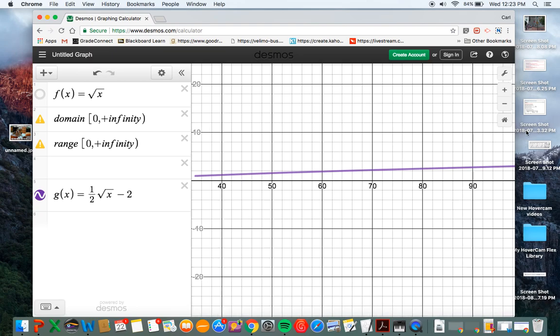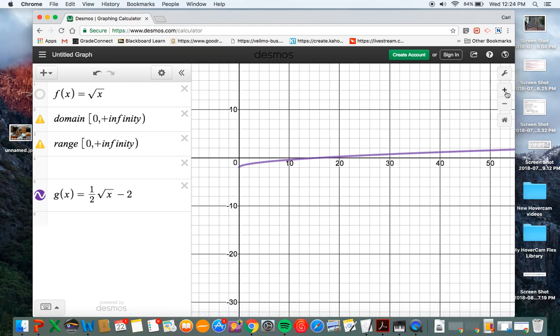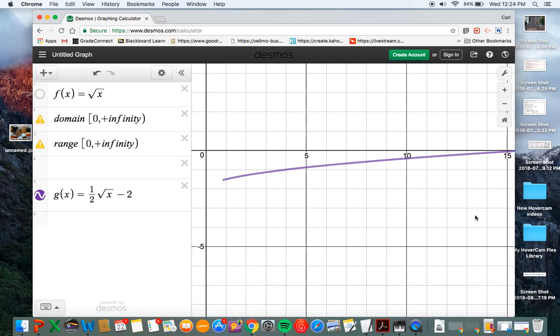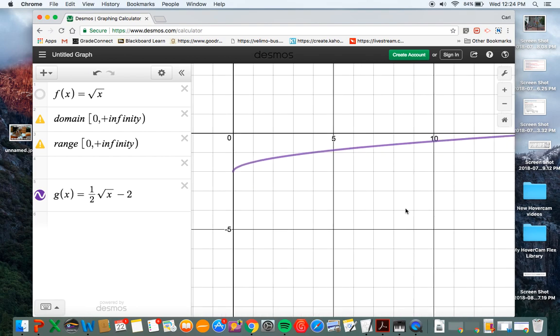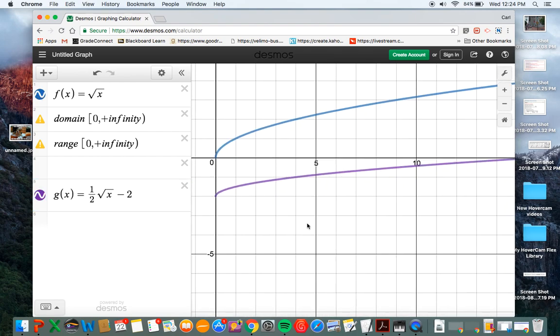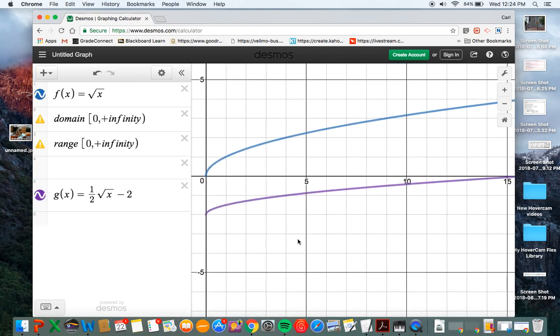And we'll zoom in so we can see where the real important portions of this are. So we see a slight modification from the original square root of x. I'll give you a moment to think about what changed between these two graphs. Was there a vertical shift, horizontal shift? Did it scrunch up? Did it go away?